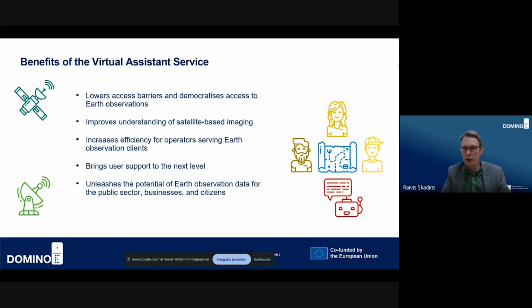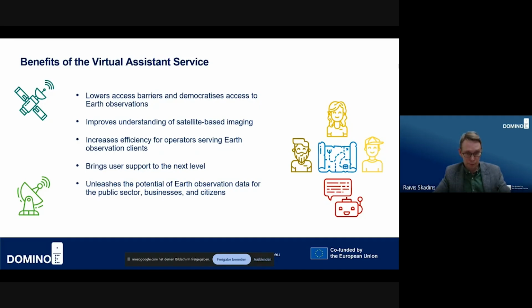Whenever a user has some question, doesn't understand something, there is a virtual assistant who can try to answer these questions. And these assistants can be trained on all kinds of sophisticated materials, all kinds of user manuals, technical support information, and can answer questions using this knowledge base.